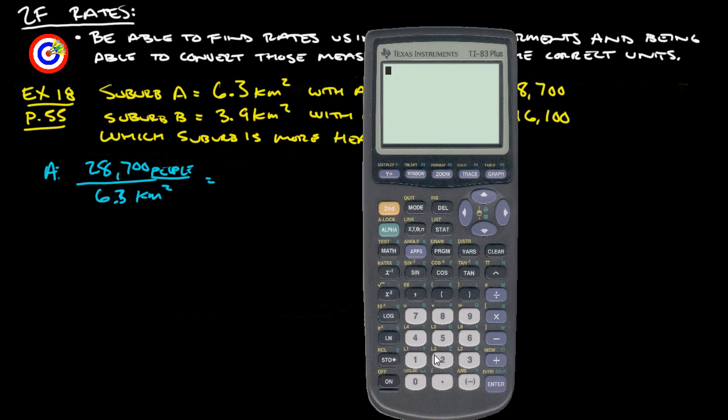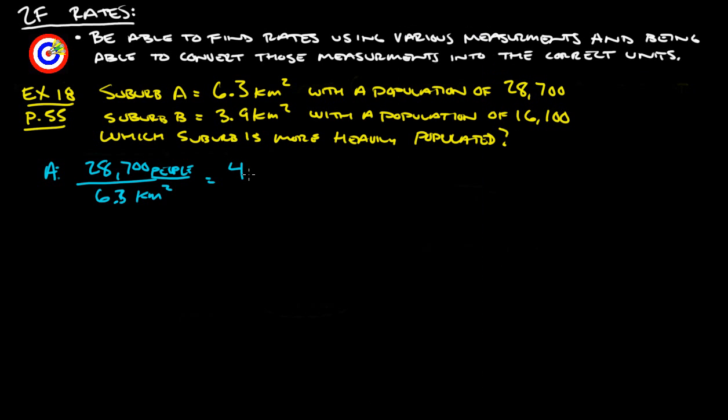We take 28,700 and divide it by 6.3. We get 4,556 people per square kilometer. A better way to write that would be people per kilometer squared.